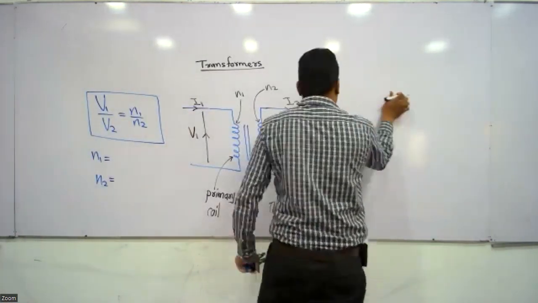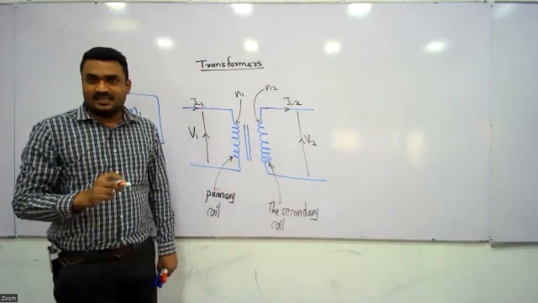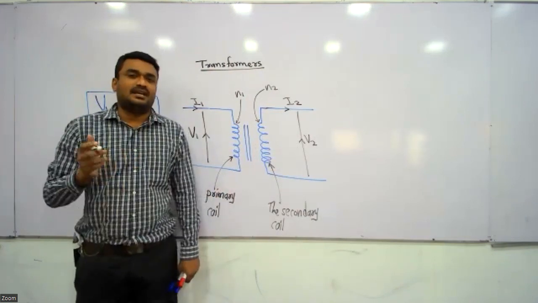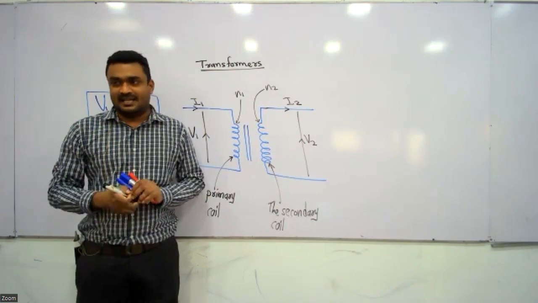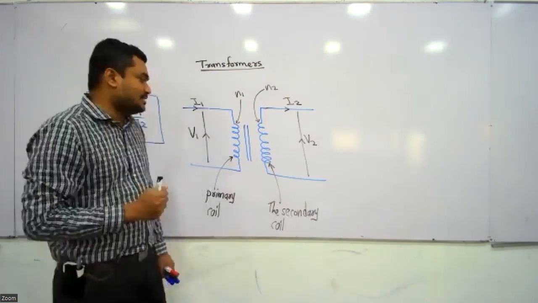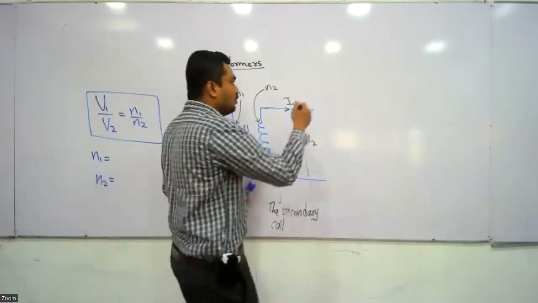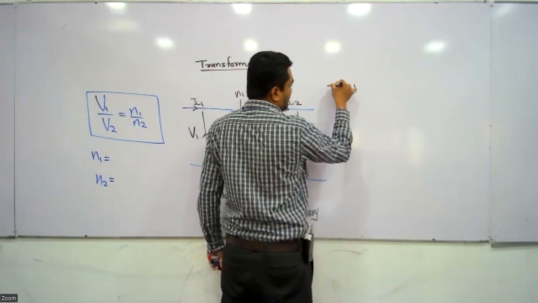So actually there are losses in energy in transformers. Theoretically, we believe that there are no losses in energy. We can't make any instrument where there are no energy losses. But theoretically, in advanced level physics, we believe there is no loss in energy. Therefore, we can write input energy or input power.